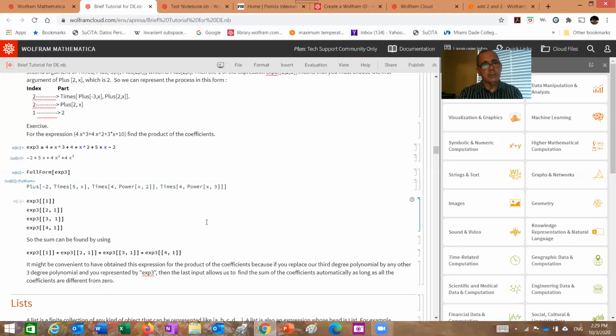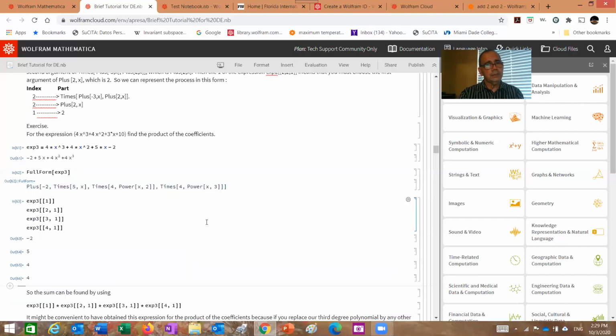It is going to return the -2, which is one of the coefficients. In this case, it's the constant term. But if you enter exp3 double bracket 2,1, then the first 2 indicates that it goes to the second part here, which is times of 5x, and then the 1 tells you that between 5 and x, it picks 5. That's why the result here is 5.